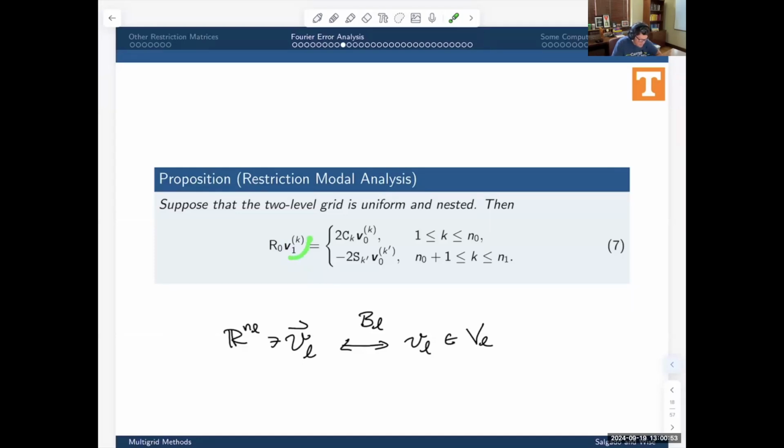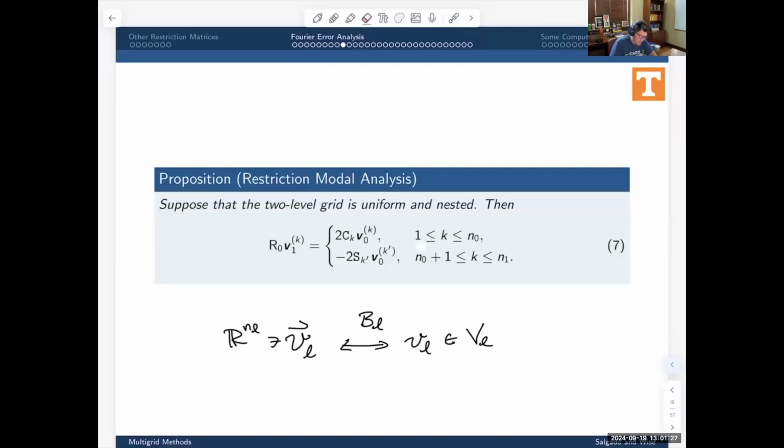This is a fine grid function, a mode on the fine grid, and it can be of low frequency or high frequency. Whenever we talk about low frequency and high frequency, it's most logically with respect to the fine grid, in this case, the one grid. So this can be a sine wave of either high or low frequency, and it gets mapped down to the coarse grid. Once we get down to the coarse grid, really the only things that can exist there are what were low frequency modes on the fine grid.